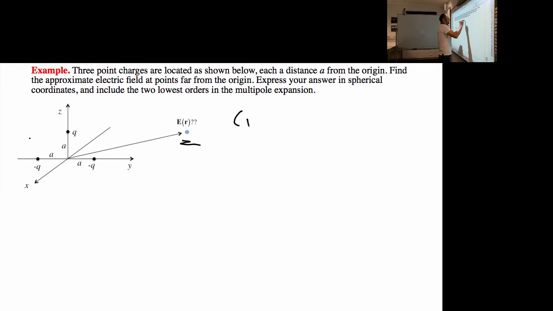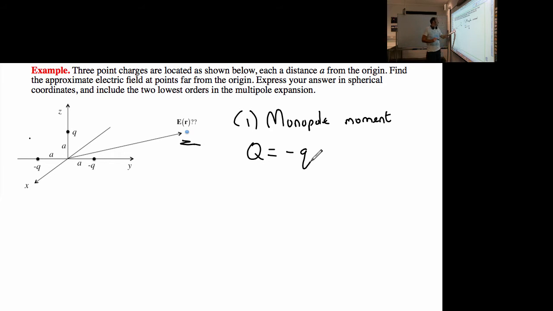So the first thing we're going to do is determine what our monopole moment is. Okay, so a monopole moment depends on total charge Q, and the total charge is going to be equal to minus Q. We've got two negative charges and we've got a positive charge.